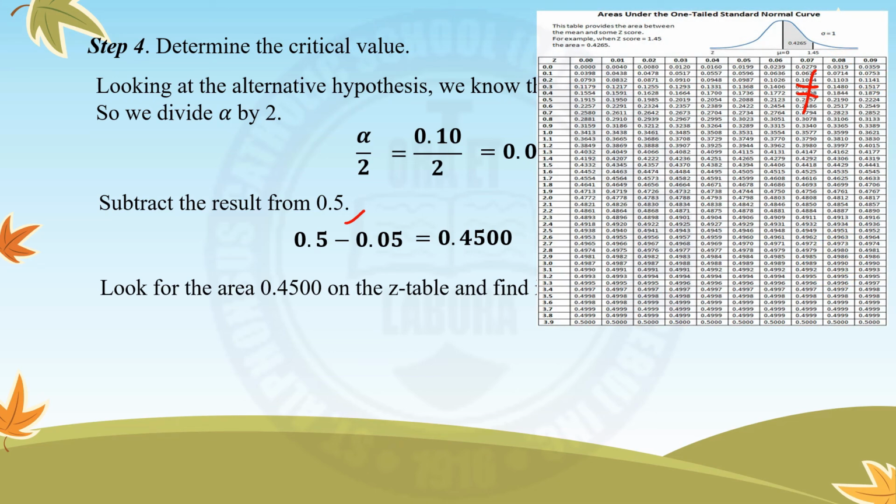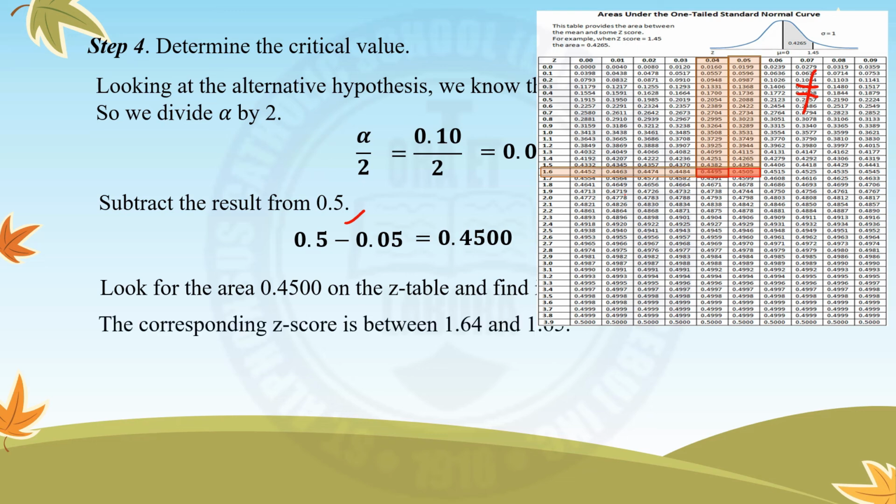In the table, we cannot find 0.4500 there, so we have to consider the closest values of this 0.4500, and they are 0.4495 and 0.4505. If we get their Z-scores, we have 1.64 and 1.65 respectively.